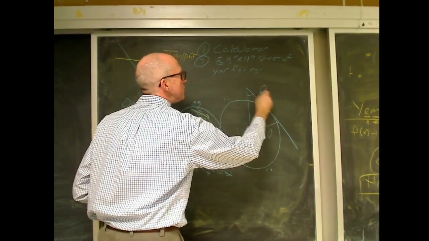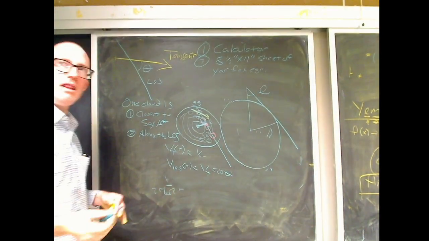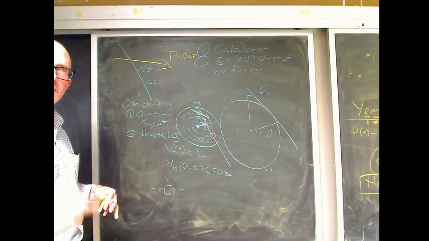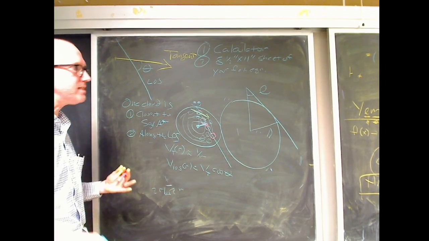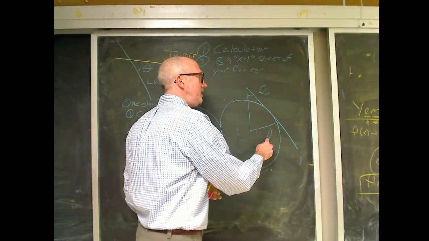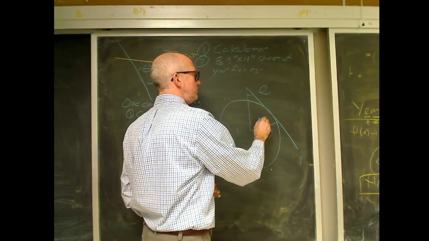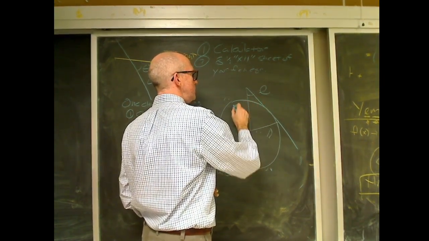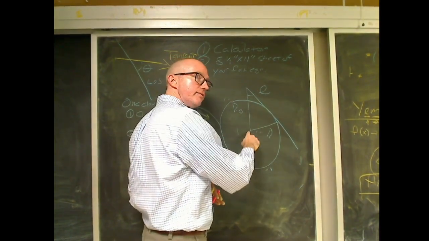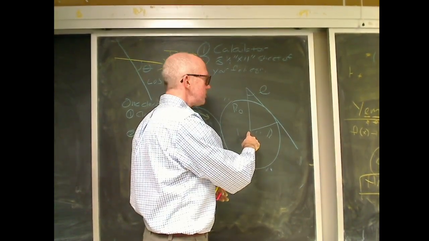So if I'm looking at a galactic longitude of L along the line of sight, then the fastest thing is going to be at a radius of, this is R naught, that's like 8.5 kiloparsecs, okay, 8 kiloparsecs.